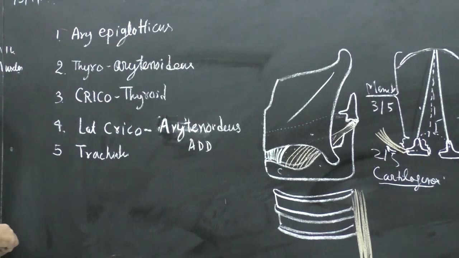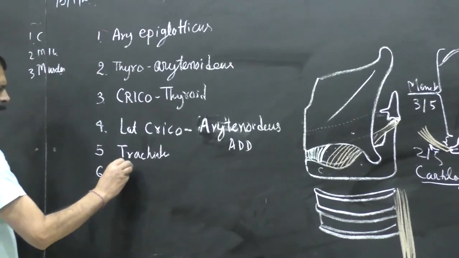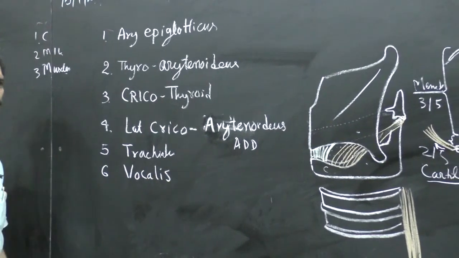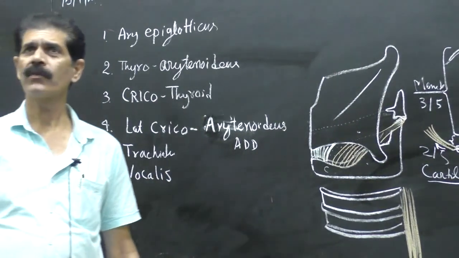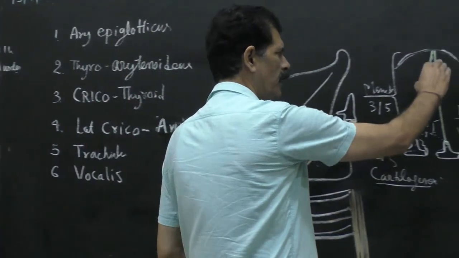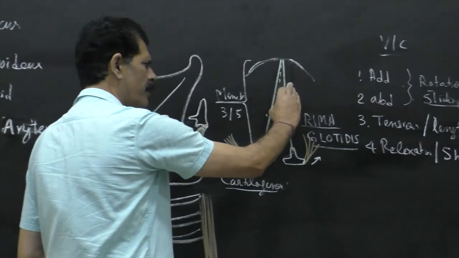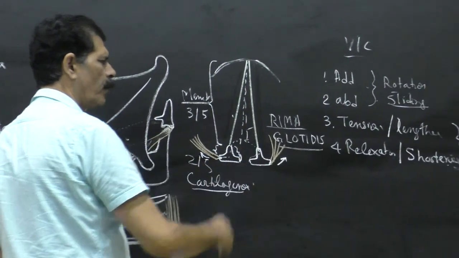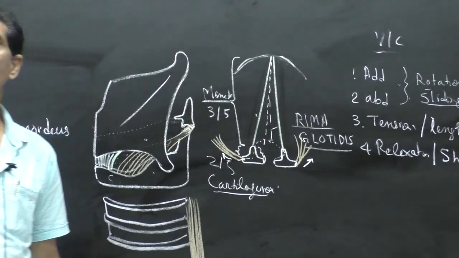Another muscle is the vocalis. As the name suggests, it is related to the vocal cords. The vocalis muscle lies just parallel and lateral to the vocal cords, or what is called the vocal ligament.